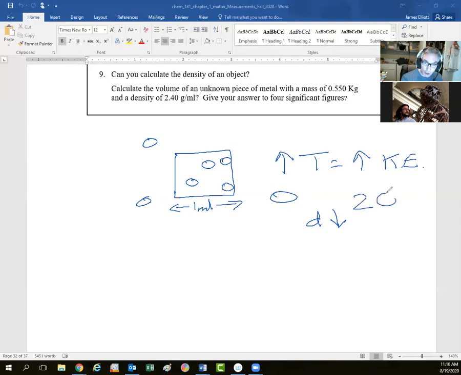That standard is normally given as 20 degrees Celsius. So 20 degrees is normally the standard. If you don't see a temperature mentioned, it probably is a comparison at 20 degrees Celsius.